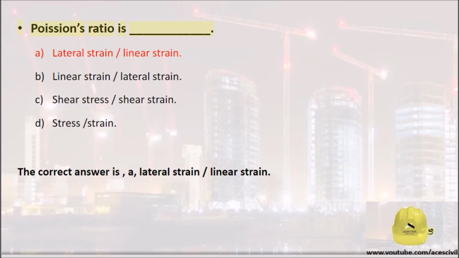Poisson's ratio is: A. Lateral strain to linear strain, B. Linear strain to lateral strain, C. Shear stress to shear strain, D. Stress to strain. The correct answer is A. Lateral strain to linear strain.